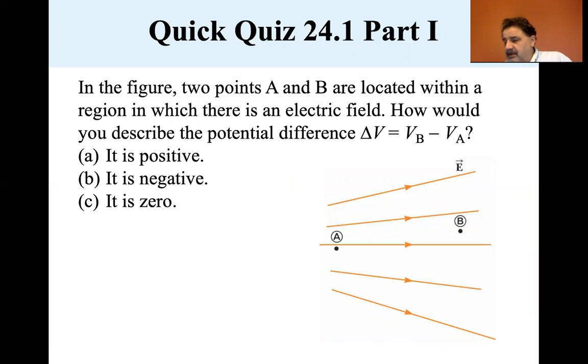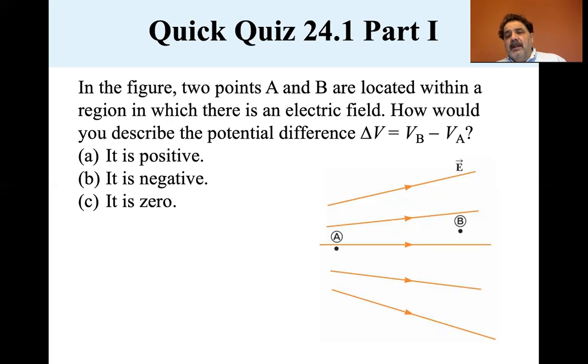Okay, here are some questions. In this figure, two points A and B are located within a region in which there is an electric field. How would you describe the potential difference, delta V, from B to A?